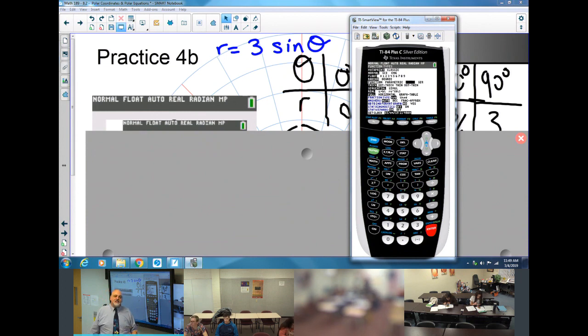Then when you press y equals, you'll notice that instead of saying y equals, it says r equals, because that's the form of a polar equation. So we just type in 3 sine theta. In polar mode, the variable key comes up as theta. So 3 sine theta, and then press graph, and then boom.